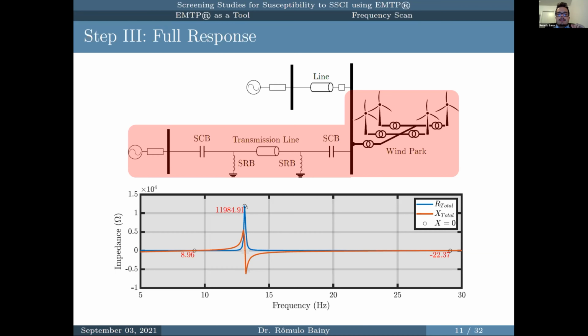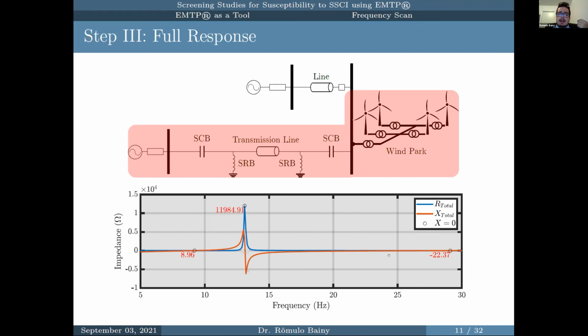Here I have a few circles identifying our resonance frequencies. These resonance frequencies are basically when we have the reactance crossing from the negative side to the positive side. So basically when the reactance is 0, that's our resonance frequency, and we have 3 here.